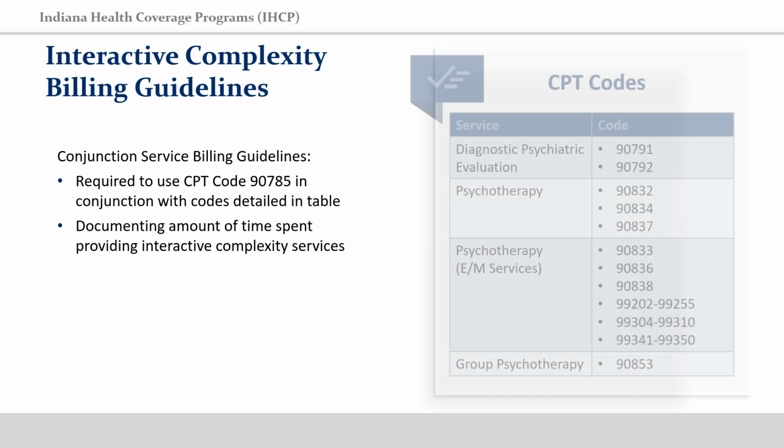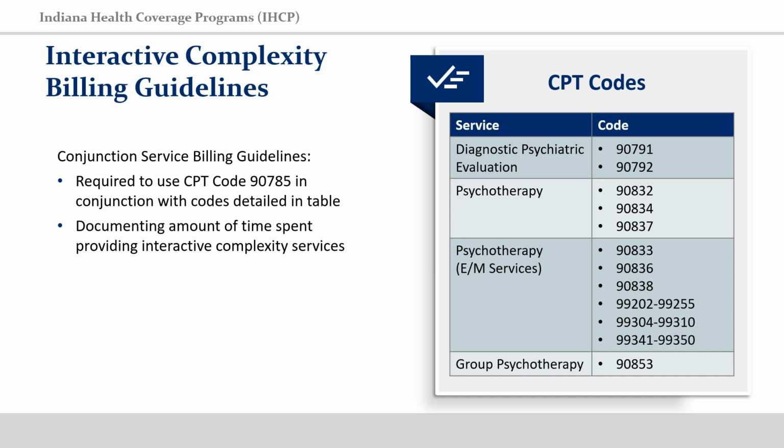This code is used alongside other codes for diagnostic psychiatric evaluations using CPT codes 90791 or 92. Psychotherapy sessions using CPT codes 90832, 34, or 37.